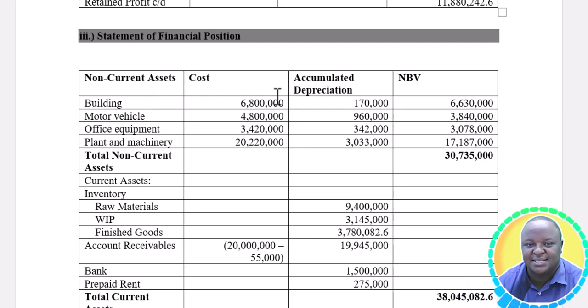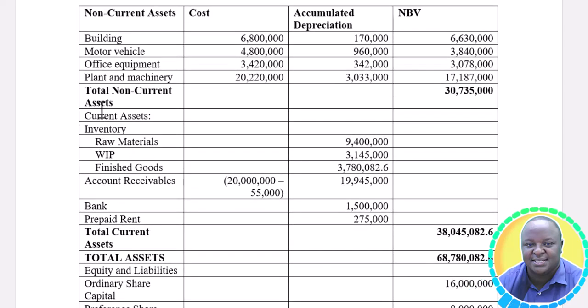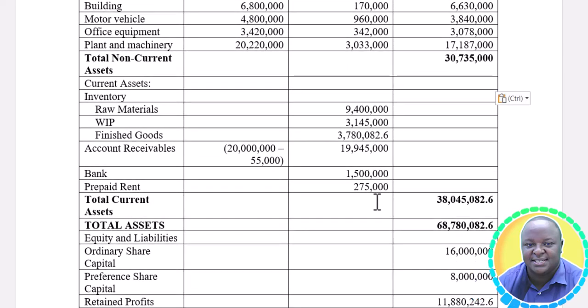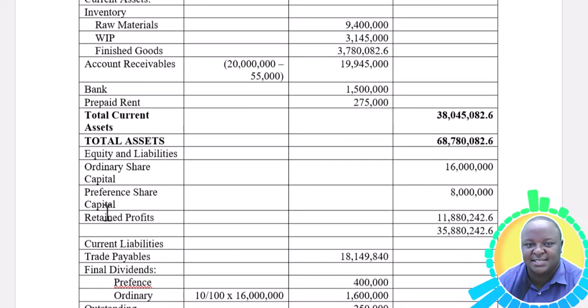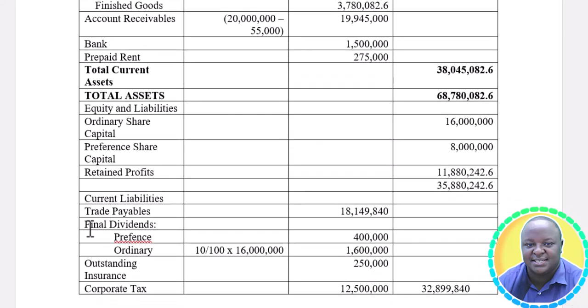You will do that. Ensure that you calculate the accumulated depreciation, all of it. Then you get the net book value. Then you come to the total non-current assets. All of them, look at them.